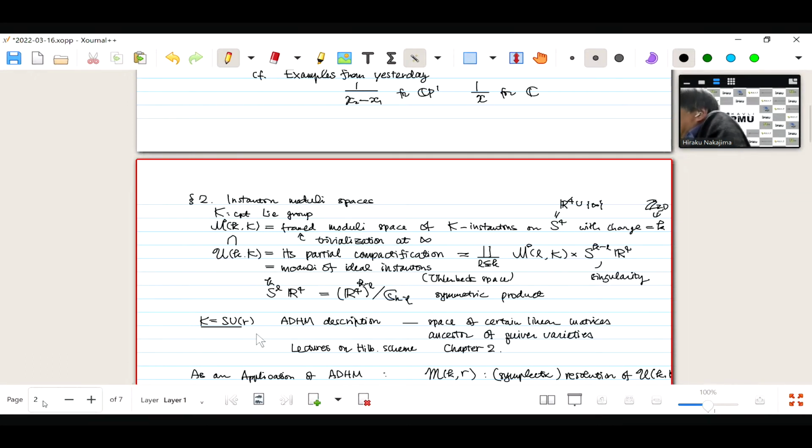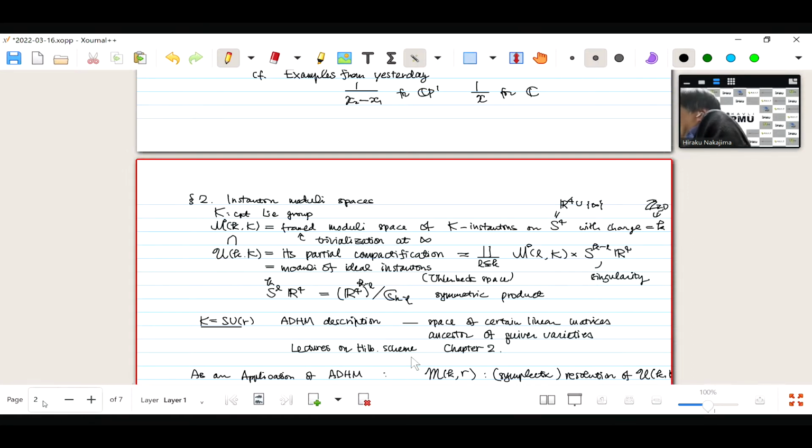And in fact, when K is SU(r), so this is type A, there's the so-called ADHM description. So this is an alternative description of these instanton moduli spaces. Instanton moduli spaces, as I briefly mentioned at the beginning of my first lecture, are the moduli space of solutions of certain partial differential equations.